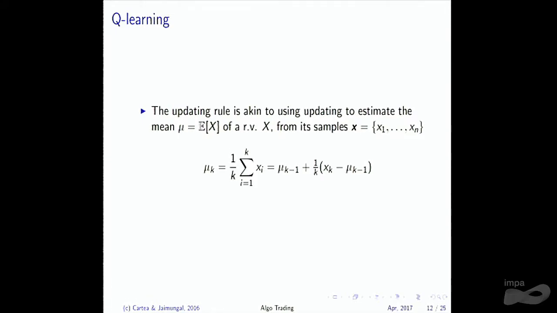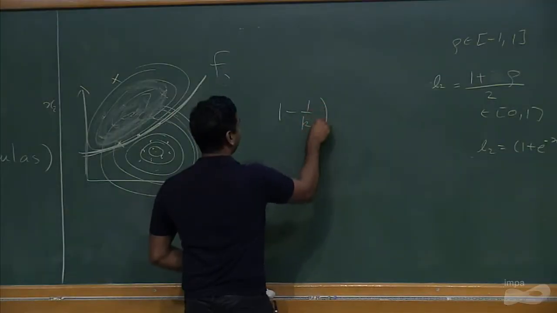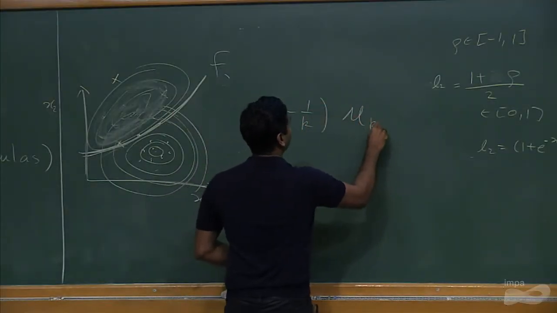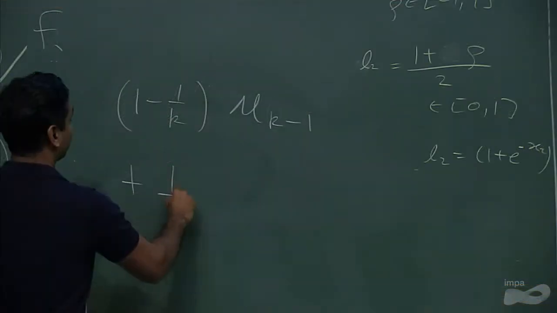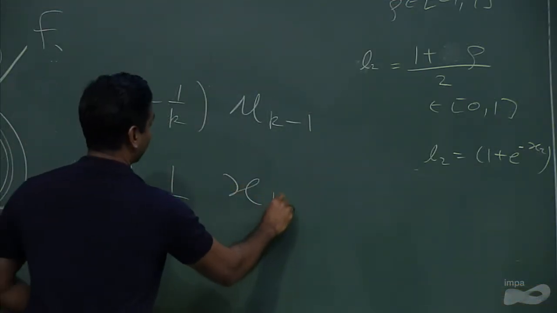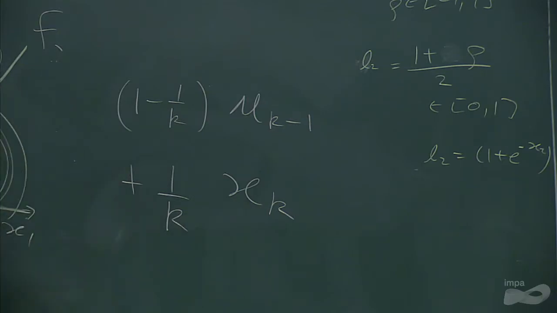That mu k minus 1, if I put those two things together, I'll get 1 minus 1 over k, mu k minus 1, plus 1 over k, x k, right? That's what that formula tells me there.